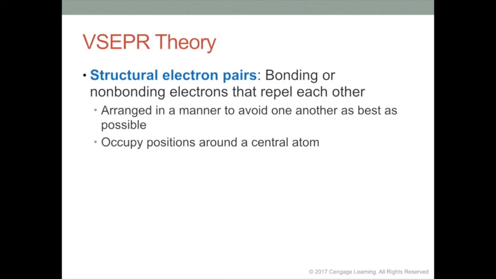All that means is these electrons in the molecule are negative, and they are going to repel each other to get the best possible arrangement. And again, it all depends on what's around that central atom.